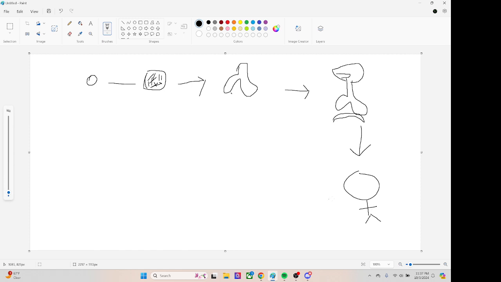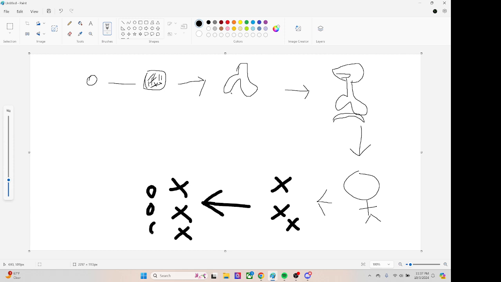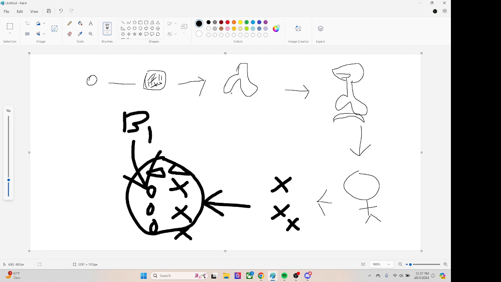And then multiple organisms make a population. You have multiple populations, and you have a community of organisms, right? And then multiple communities become an ecosystem, and that ecosystem itself becomes a biome, right?